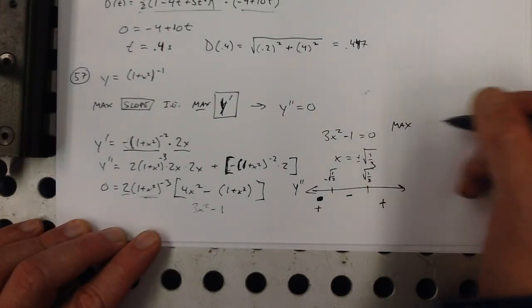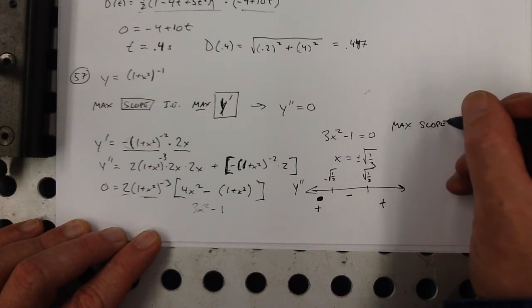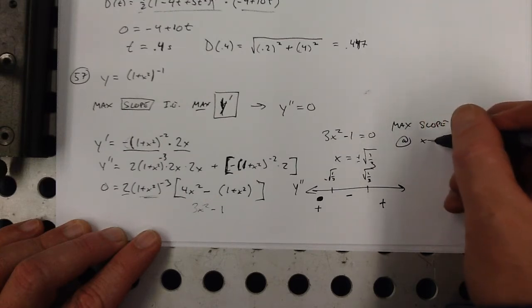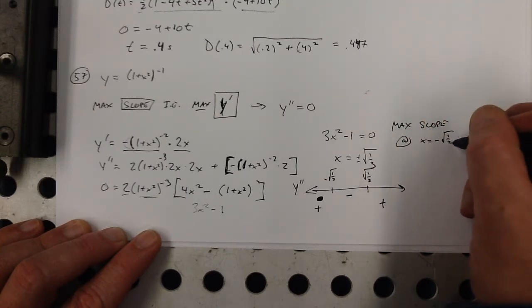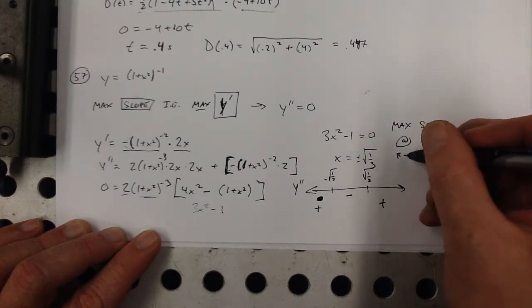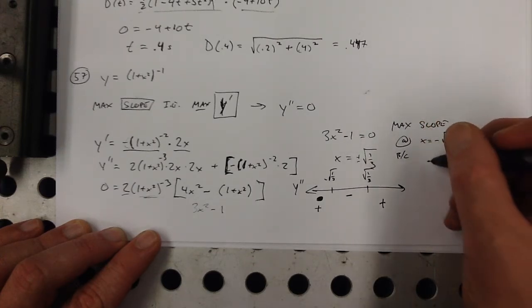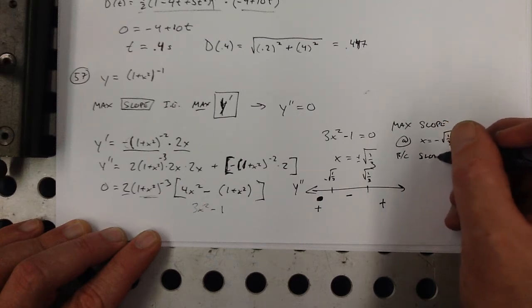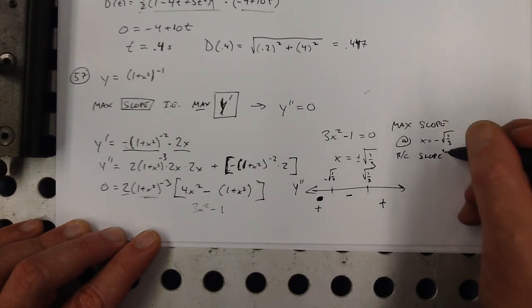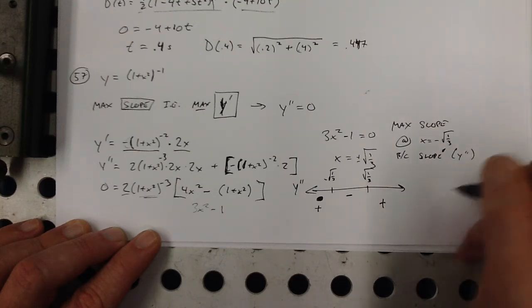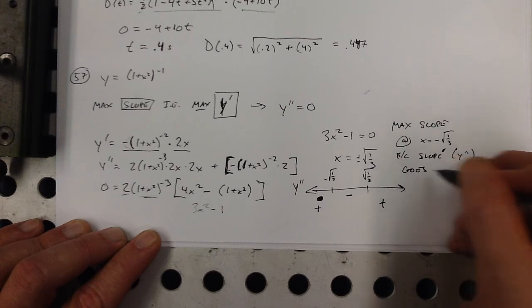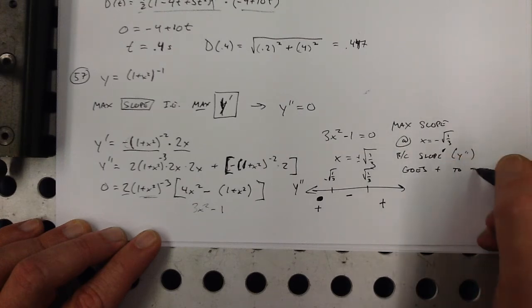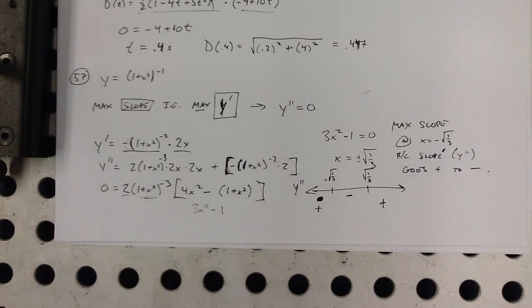So the maximum slope is at x equals negative square root of 1/3, because the slope, the derivative of the slope, which is y double prime, goes from positive to negative. And just check that real quick. I feel pretty good about that.